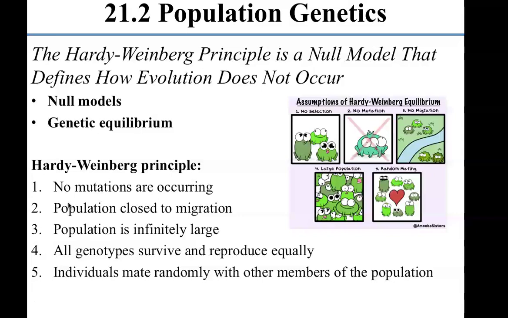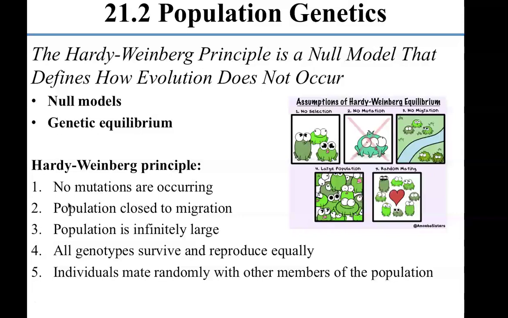All right, so in other words, the Hardy-Weinberg principle assumes that there's genetic equilibrium. Genetic equilibrium is simply the point at which neither allele nor genotype frequencies change from generation to generation. So if a population is not evolving, then it would stay at genetic equilibrium.